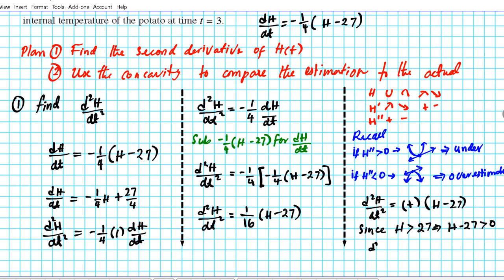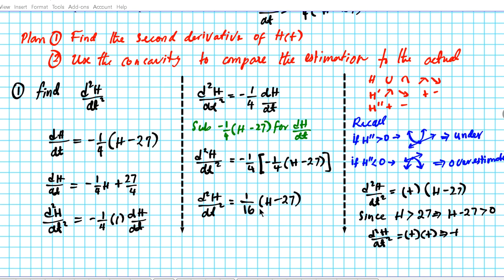So the second derivative is going to be positive times positive, which is positive. Okay, so what does that tell us about the concavity? It tells us that the function is concave up, and if the function is concave up, that automatically follows that your estimation is going to be an underestimate.